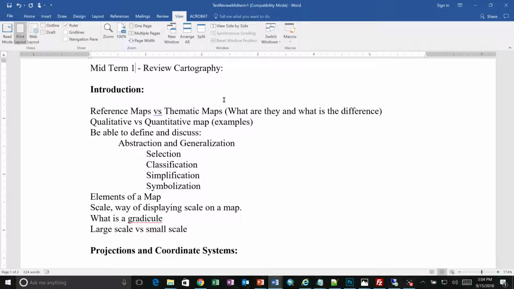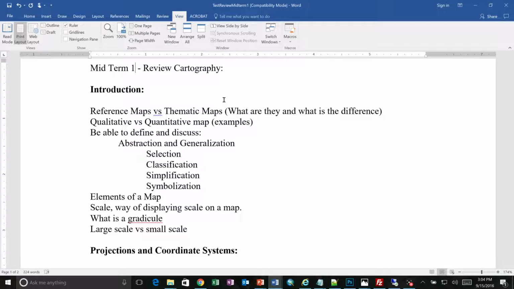That's a written or verbal scale. Another way to talk about scale is as a representative fraction, 1 to 10,000, meaning that any unit that you measure on this map is equal to 10,000 of those same units in real life. Ratio and representative fraction are also interchangeable words.